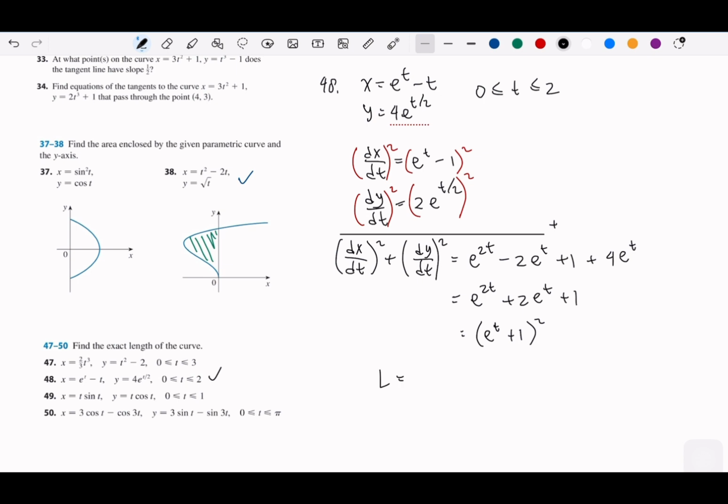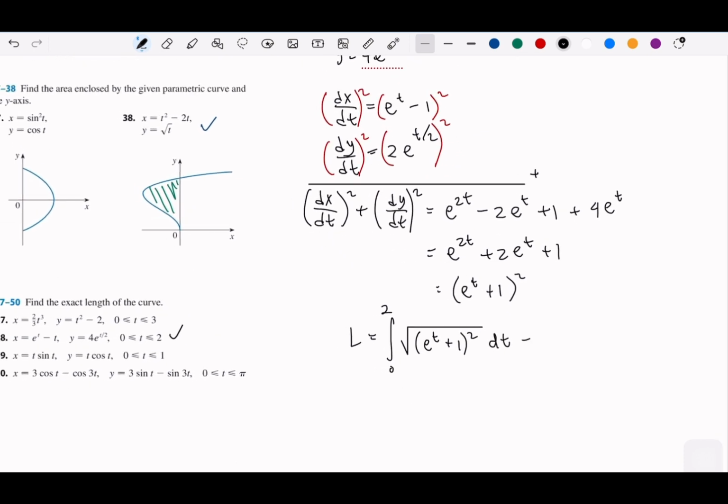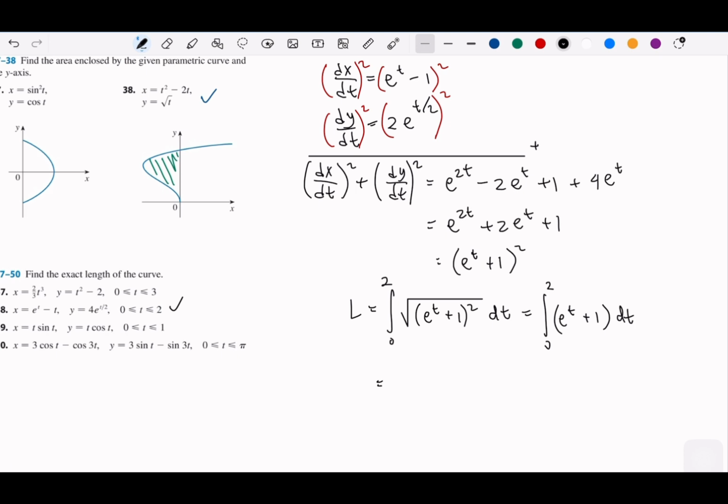So our arc length from 0 to 2 of this, and then we can cancel the square root. I will just write this and take the integration. So e to the power of t plus t from 0 to 2.